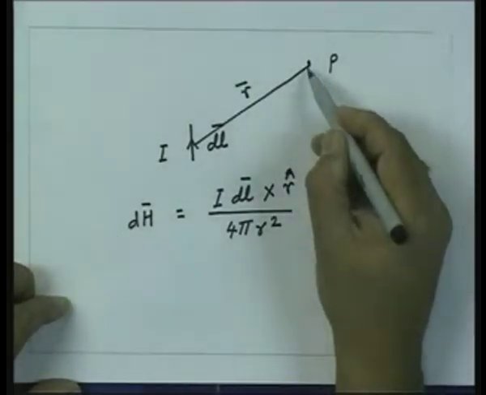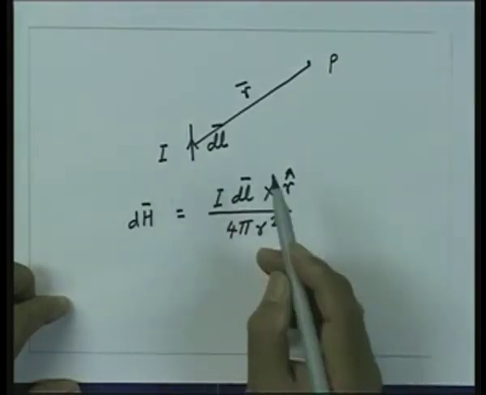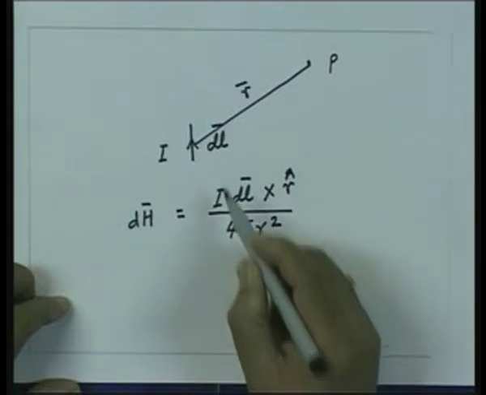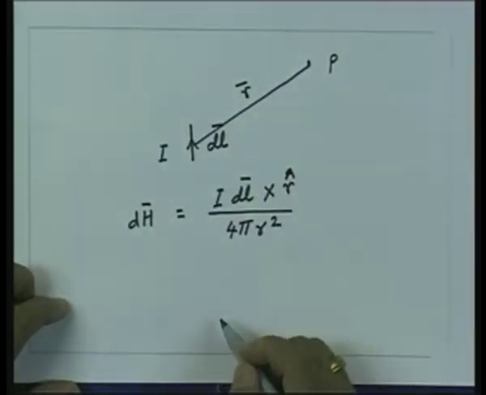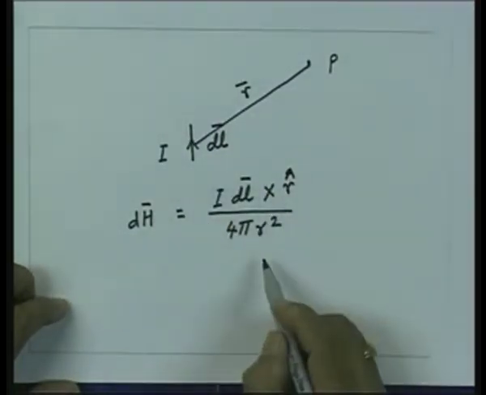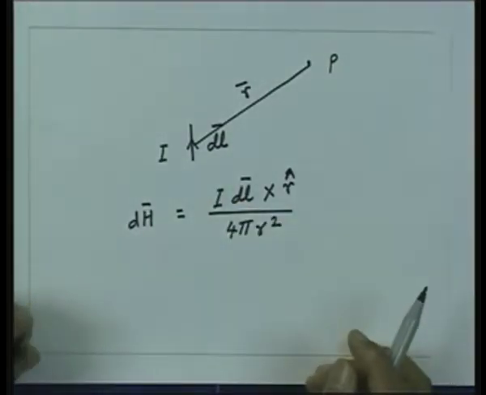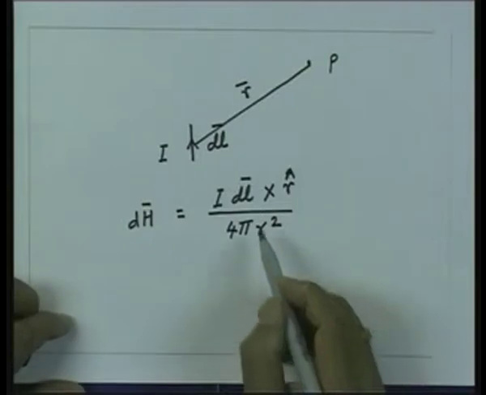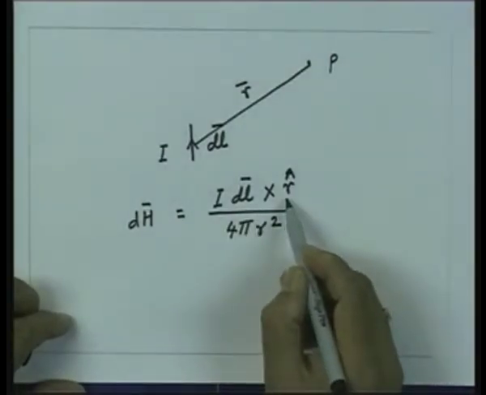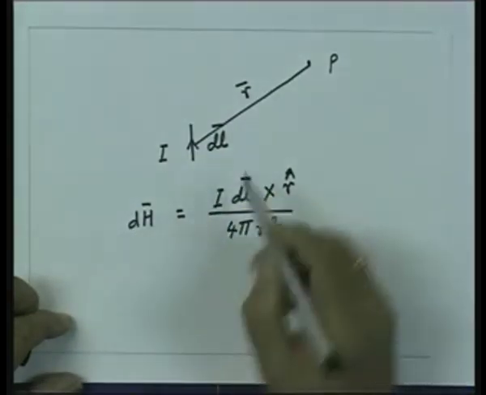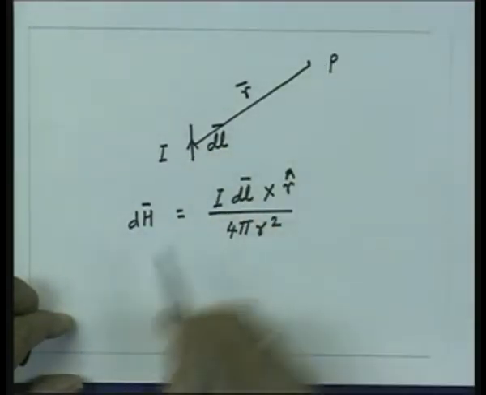So, the magnetic field is proportional to the current, it is also proportional to the length of the wire over which the current flows, and it is inversely proportional to the square of the distance from the element. dl cross r unit vector, that is the cross product of dl and the unit vector in the r direction.